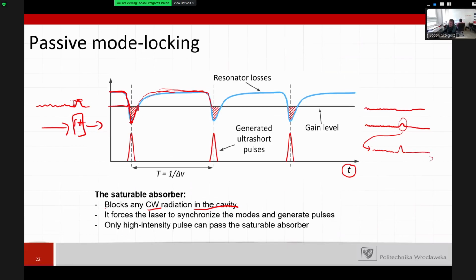So when we have another round trip, it will be amplified again more and more, and after tens or hundreds of round trips, we will obtain a steady state in which we have only one well-defined pulse in the resonator, and then we will have a transient behavior, as you see in this image, where the pulse causes the saturable absorber to open and transmit the pulse.